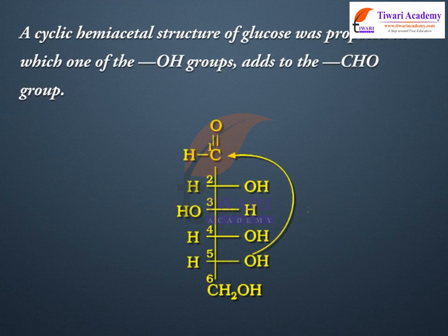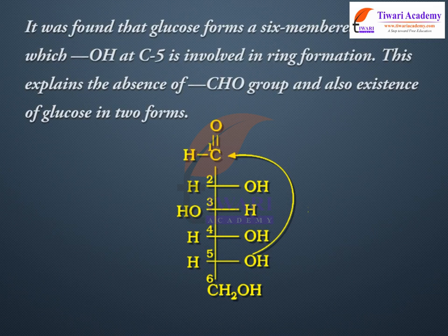A cyclic hemiacetal structure of glucose was proposed, in which one of the OH groups adds to the CHO group. It was found that glucose forms a six-membered ring in which OH at C5 is involved in ring formation.